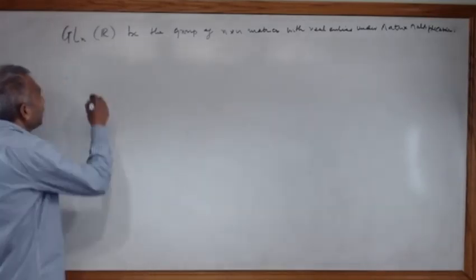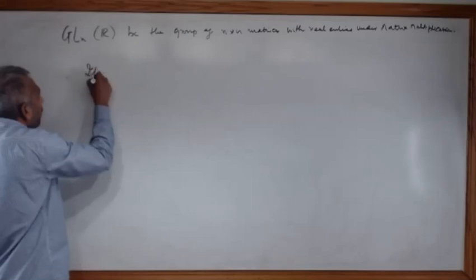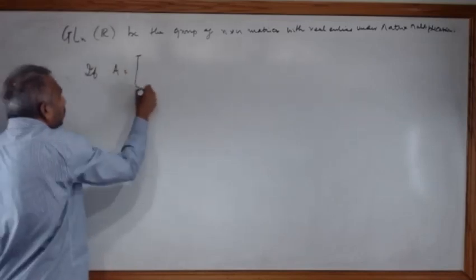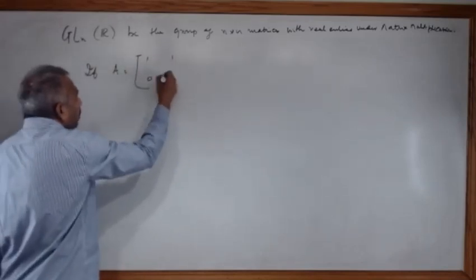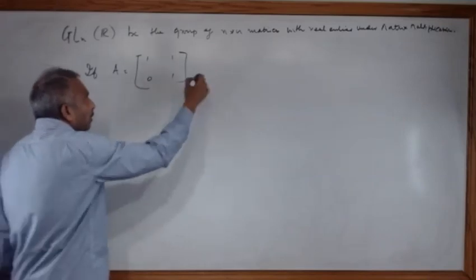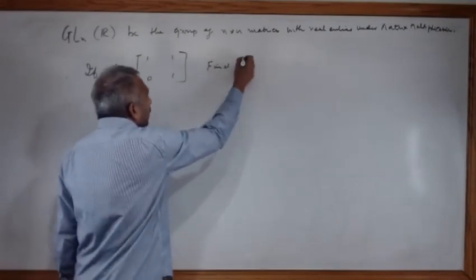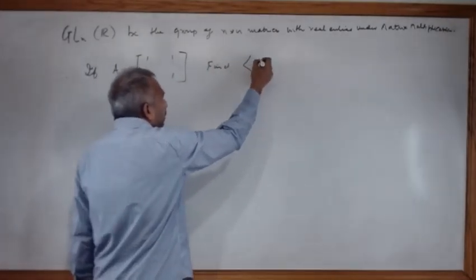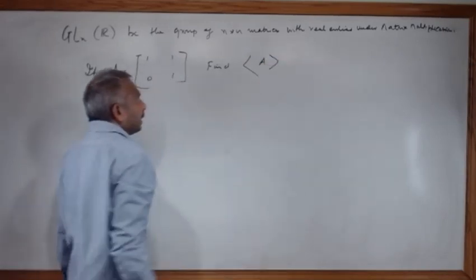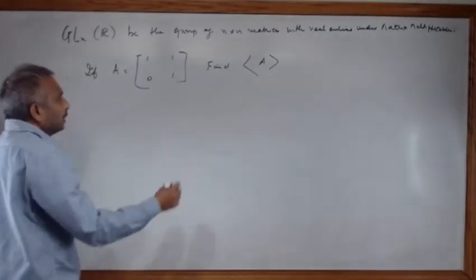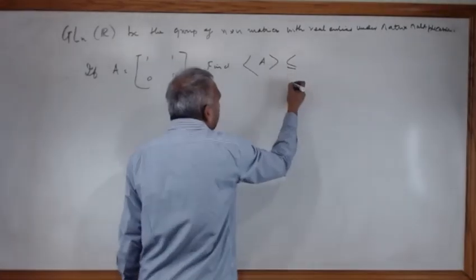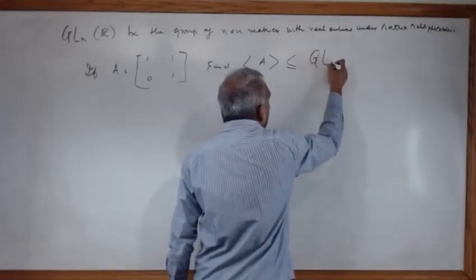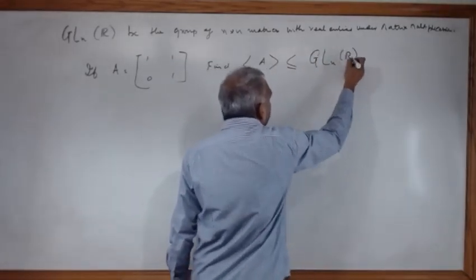So my question is, if A is equal to the matrix 1, 1, 0, 1, find the cyclic subgroup generated by A. This is definitely a cyclic subgroup generated by A.